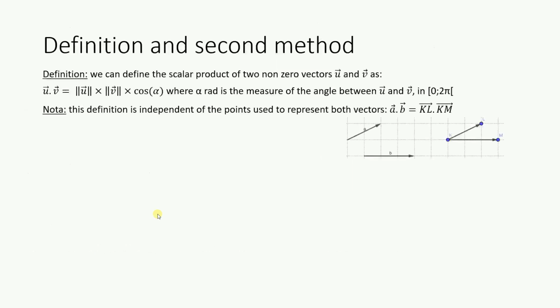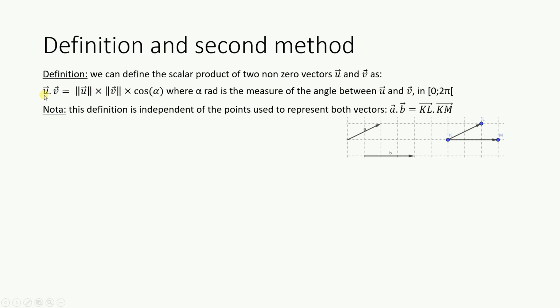So that's our definition. If we take two non-zero vectors u and v, vector u dot vector v is the magnitude of u times the magnitude of v times cosine alpha, where alpha is the measure of the angle between u and v. You can notice that I can write it the other way around.